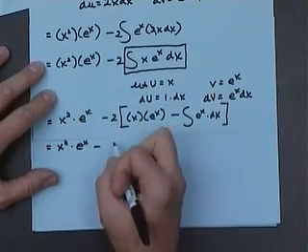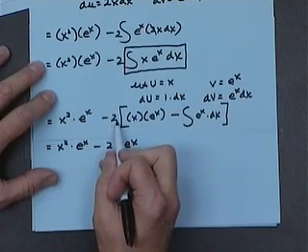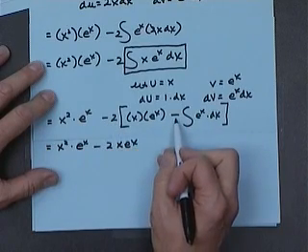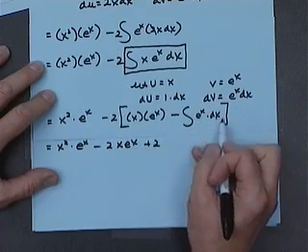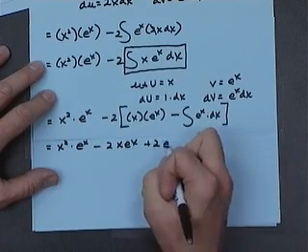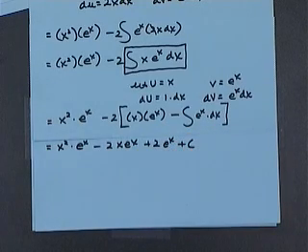So I've got minus 2 of those. I've got minus 2 times this minus, which is plus 2. What's the antiderivative of e to the x with respect to x? e to the x. e to the x plus c. Does that work? Mm-hmm.